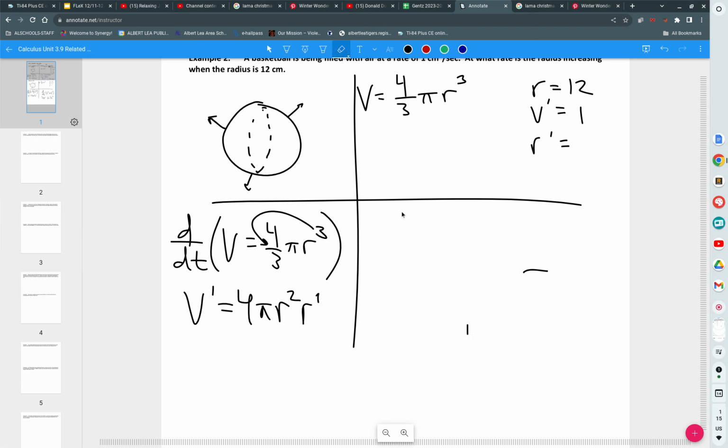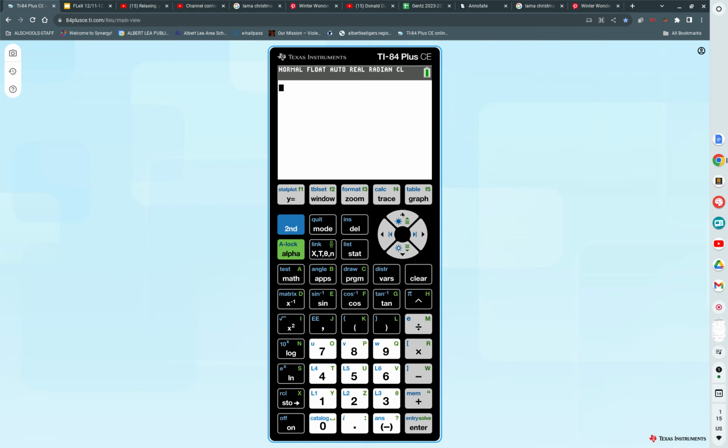So we've got that. We plug in our knowns and our unknowns. And what we have is 1 equals 4 pi times r squared, which is 12 squared, times r prime. If I go to my calculator, I figure out what 4 times pi times 144 is. We're going to take 1 divided by that answer.